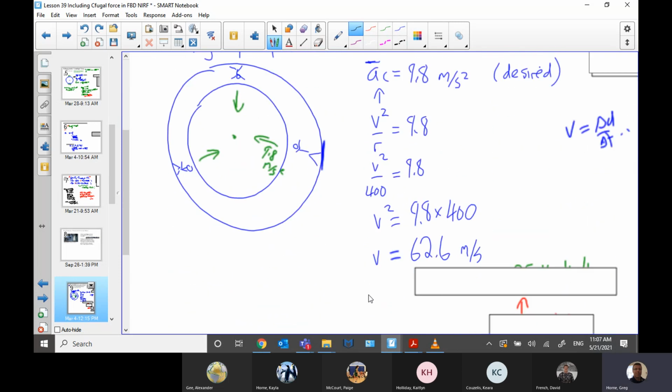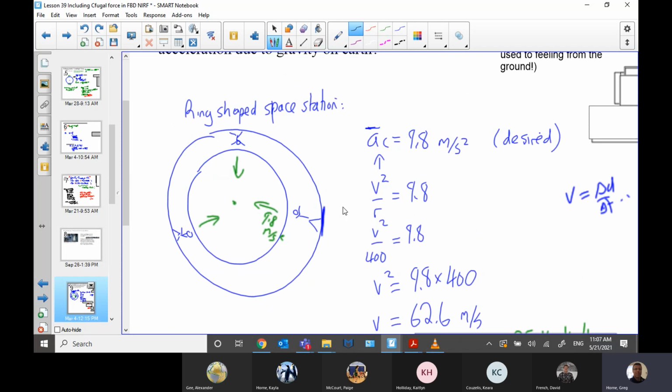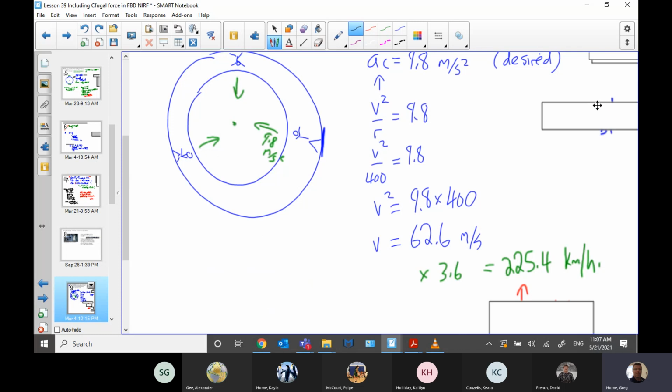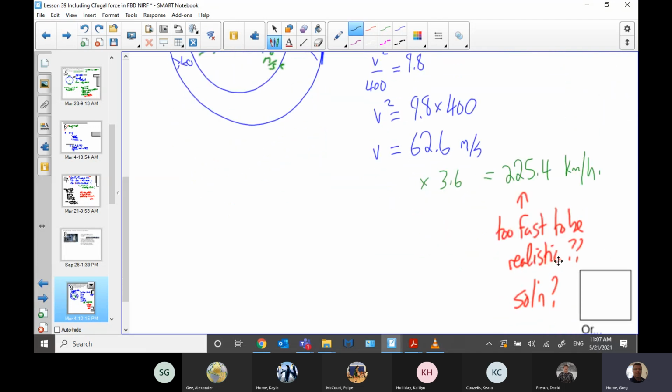It seems like, oh, that's crazy. How would you figure that out? What am I, an astronaut? But it's not as hard as you'd think. The centripetal acceleration is v squared over r. We want it to be 9.8. So just solve for what the speed would be. It turns out that you'd have to be going about 225 kilometers per hour with that size of a space station and so on.